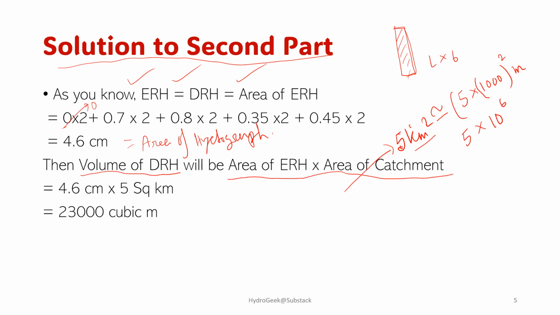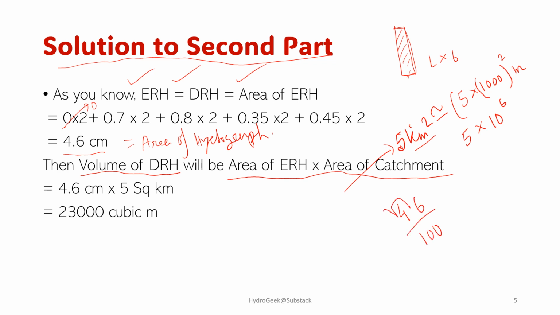And this 4.6, this is represented in centimeters by adding all the areas of the bar graphs. So 4.6 centimeters must be converted into meters, because the end unit, as you recall, is meter cube. So divide 4.6 centimeters by 100.